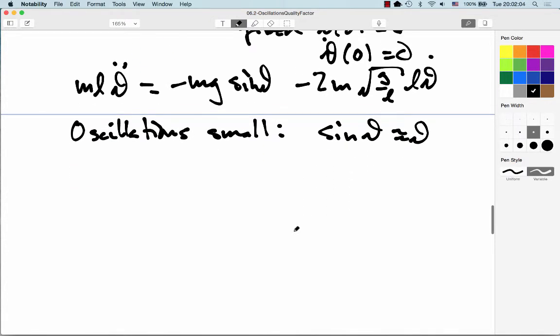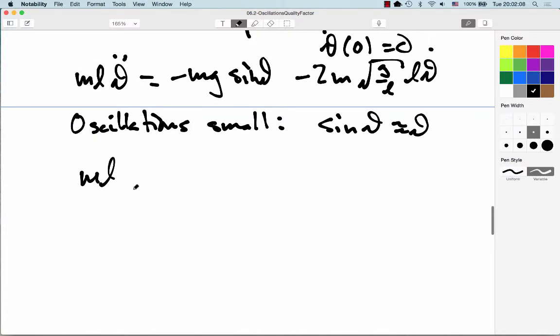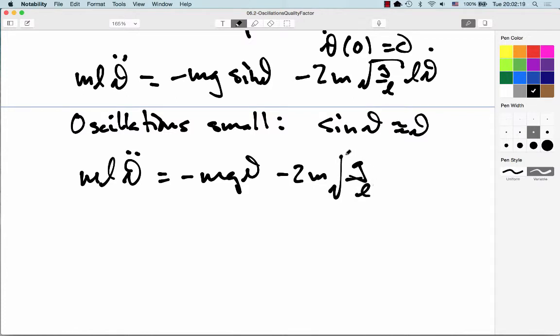So that gives us m L theta double dot equals minus m g theta minus 2m root g over L times L theta dot. Well, let's see here. Thank God for small favors.